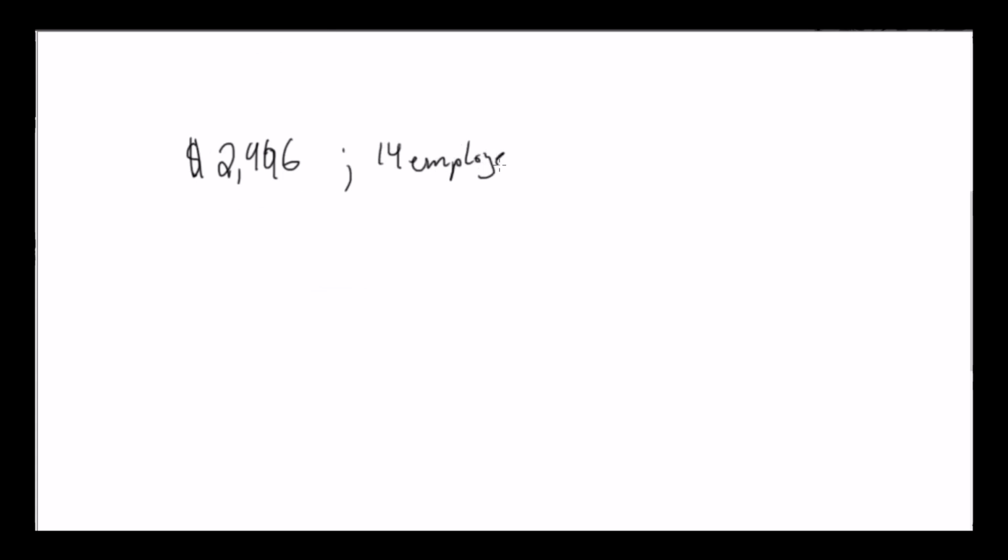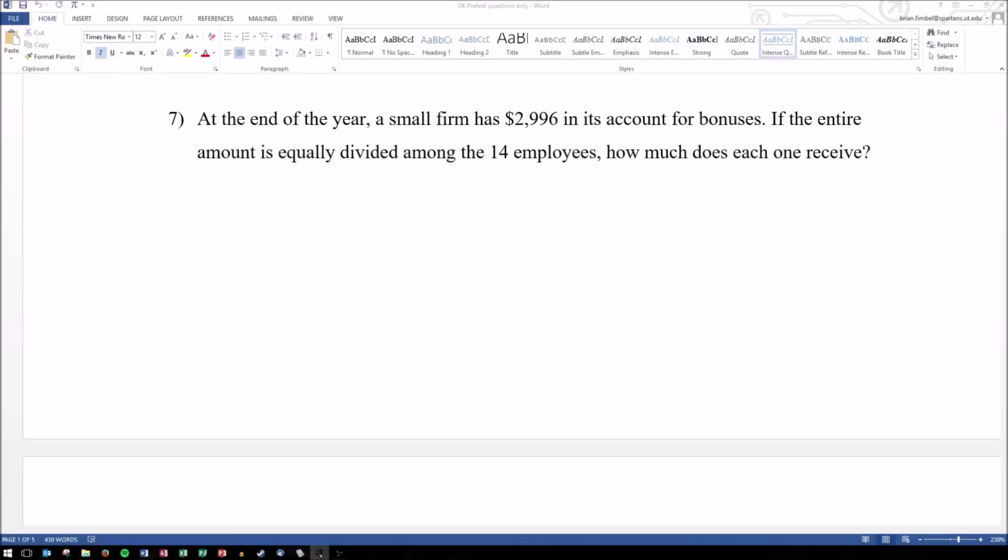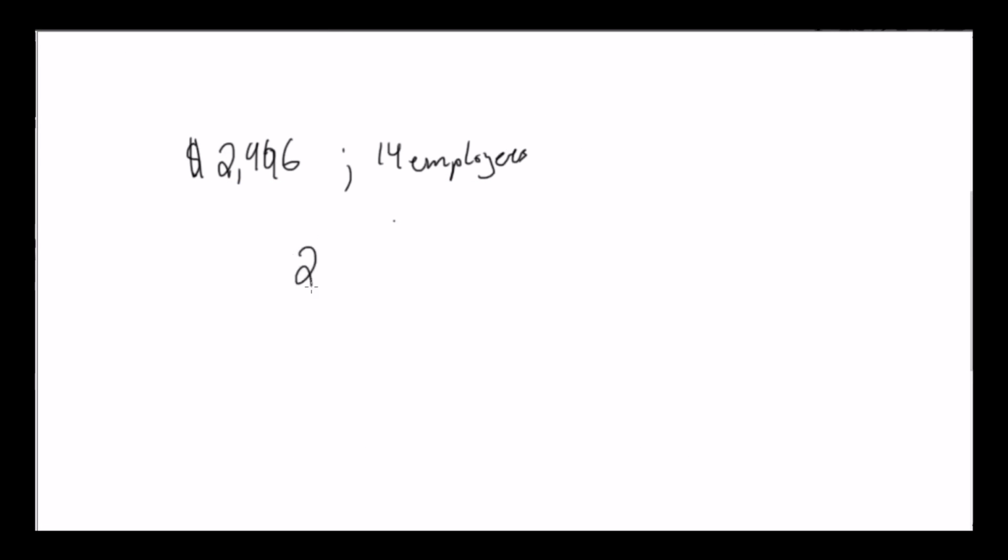And we have 14 employees. So if we have to divide it equally among the 14 employees, all we have to do here is 2996 divided by 14. 10 would be 140, so 20 would be 280.